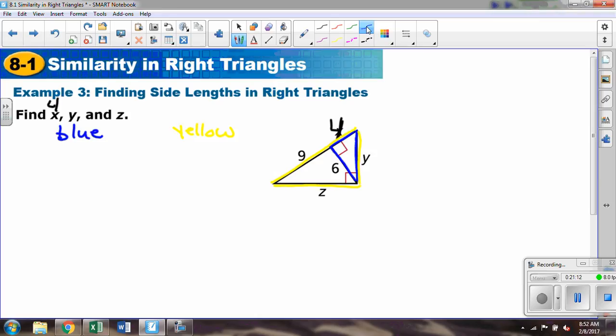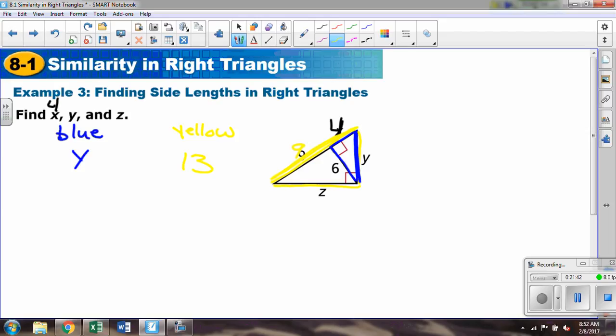And what I'm looking at in the small triangle, y is the hypotenuse. Hypotenuse has to match hypotenuse. So what is the hypotenuse for the big yellow triangle? That was 9. 9 and 4 together make 13.